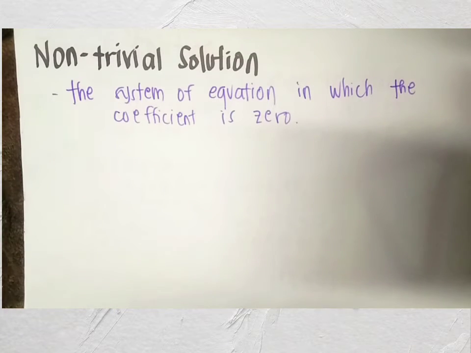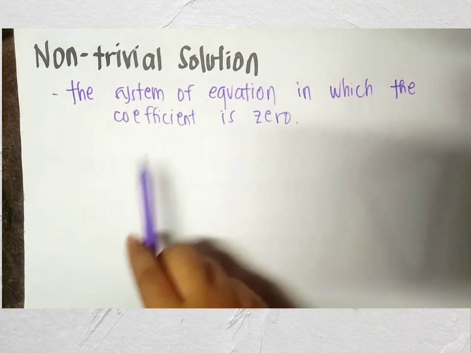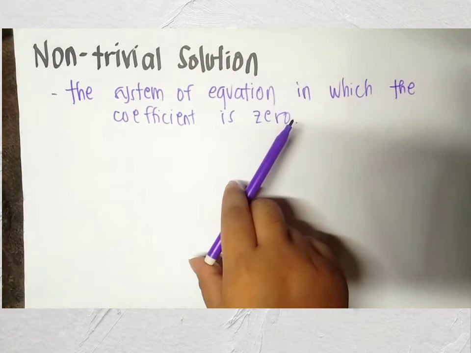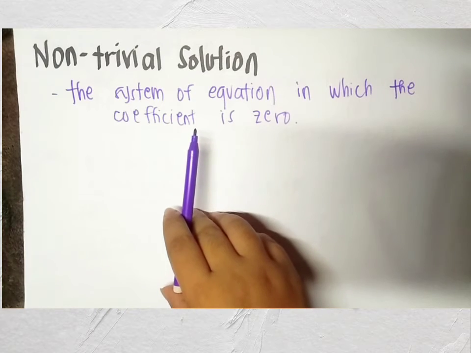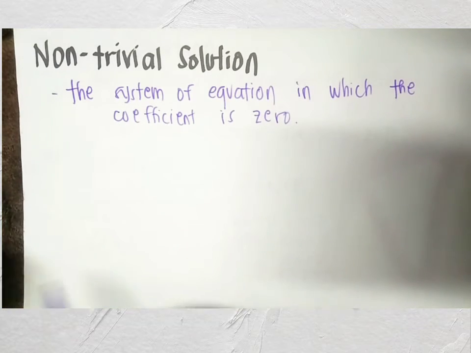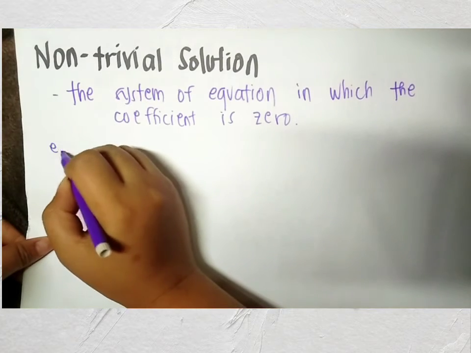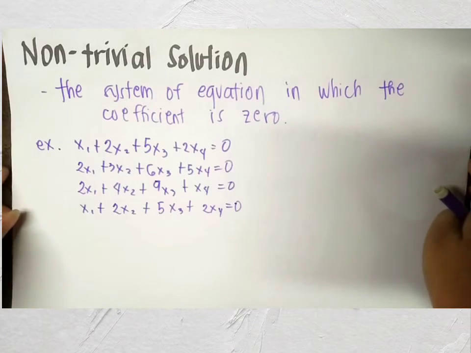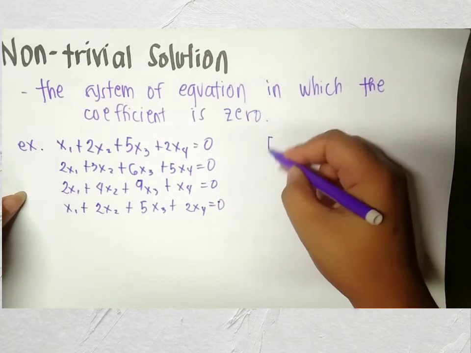So, now for non-trivial solution, it is the system of equations in which the coefficient determinant is 0. So, sa non-trivial, it is known as infinity or many yung solution niya. So, I'll give you an example. For augmented matrix, it will look like this.